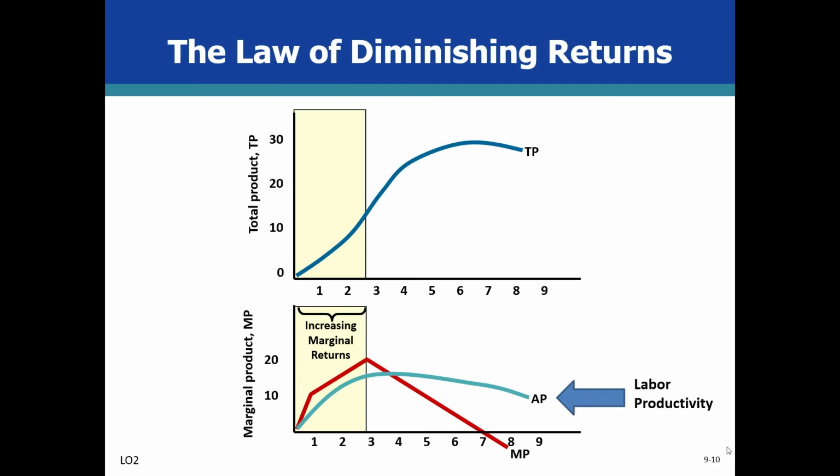So here are the three concepts that we have reviewed so far on output. Total product, marginal product, the increment, and average product, which is the total output divided by total input, or labor productivity.